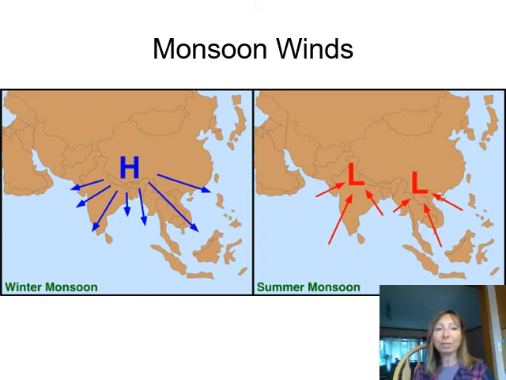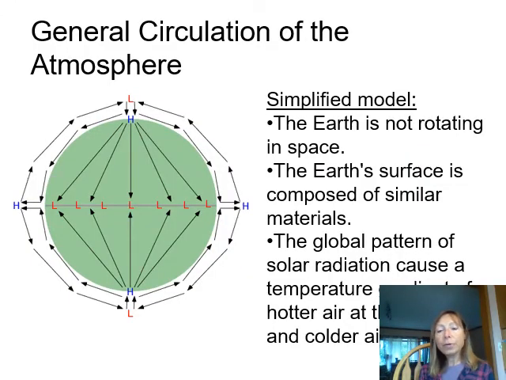So if we could imagine the Earth without the Coriolis effect, without its rotation in space, this is how the simplified model of the atmospheric circulation would look. We have the low pressure over the equator, we have high pressure over the North Pole and the South Pole, because the equator is warm and the poles are cold.